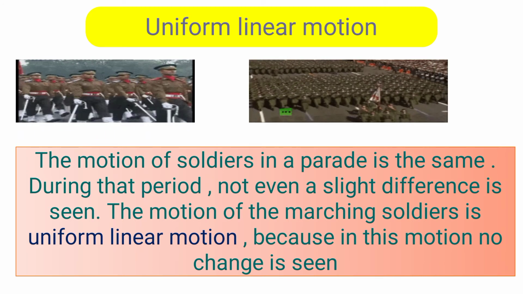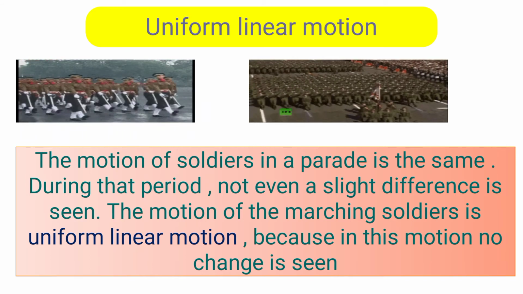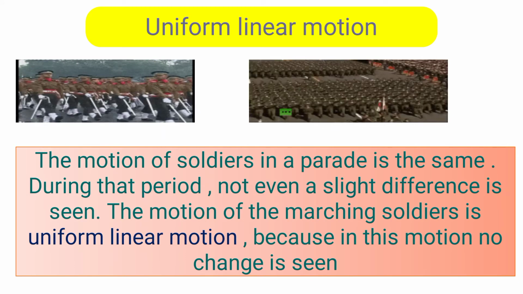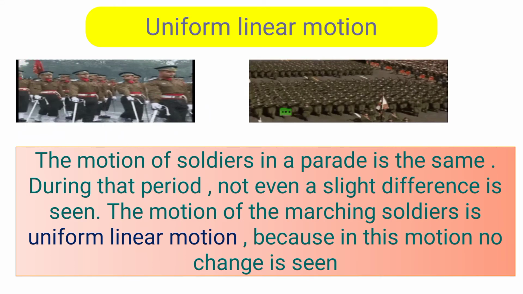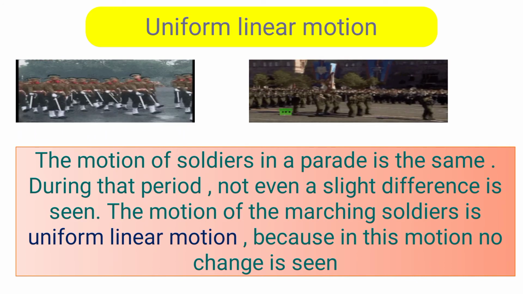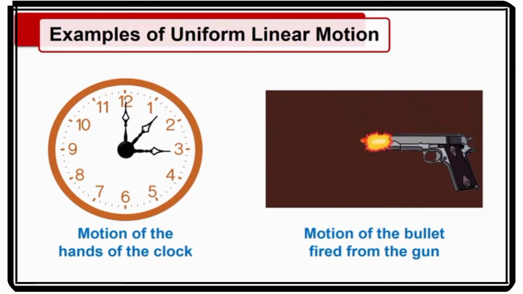During that period, not even a slight difference is seen. The motion of the marching soldiers is uniform linear motion because in this motion no change is seen. Another example of uniform linear motion is the motion of the hands of the clock or the motion of a bullet fired from a gun.